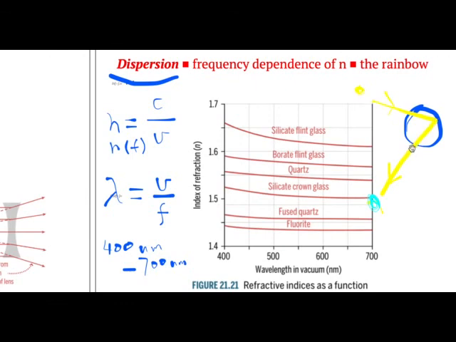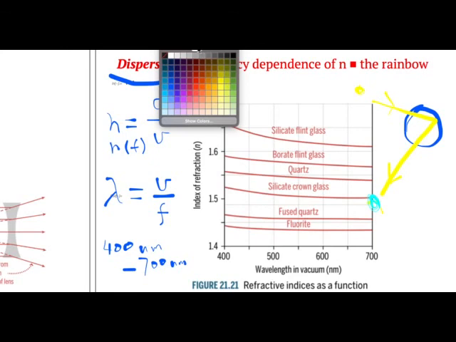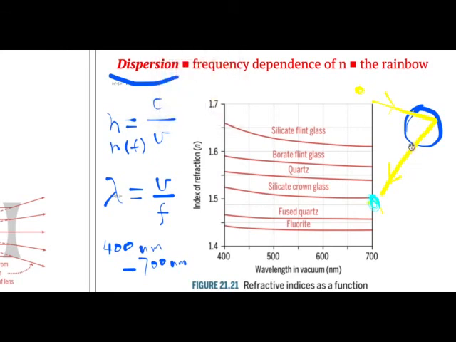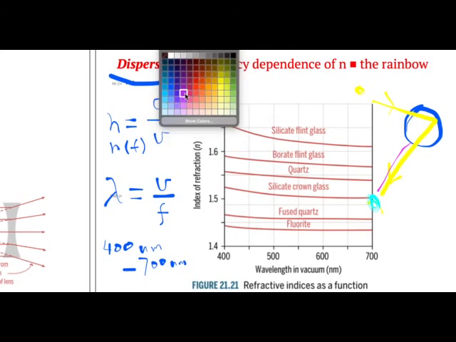And when the colors come out of the drop of water, they're separated. So on one side, they'll be red. I guess that's the upper side. So on the upper side, there'll be red light. That's the red component of sunlight. And on the other side, there'll be blue light.